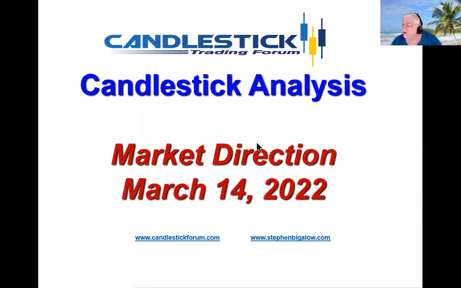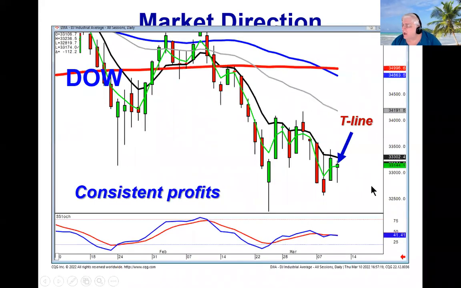Want to show the indicator, the confirming indicator with candlestick analysis, that allows you to make consistent profits even when you don't have a consistently moving market. A lot of people will say to me, I have a problem. I can make some good trades, but while my good trades are working, I've got bad trades going on.